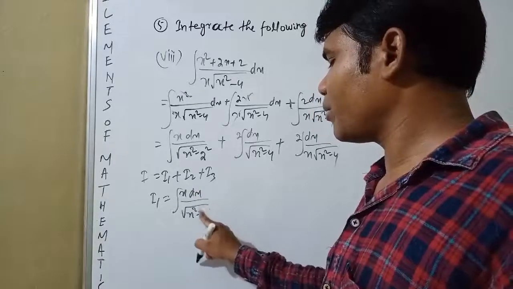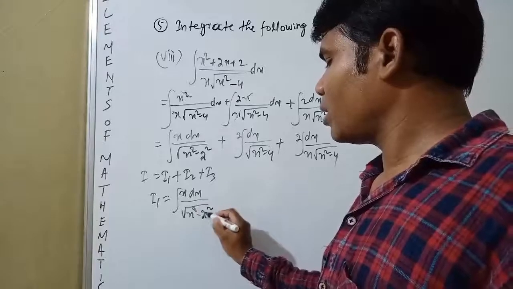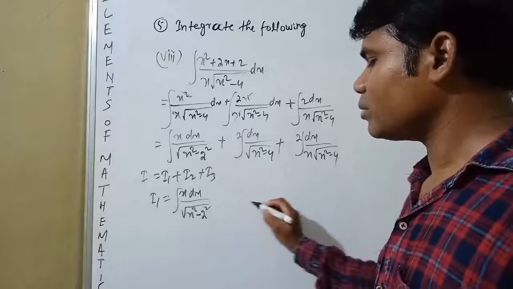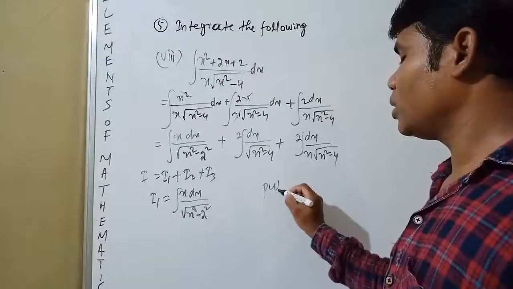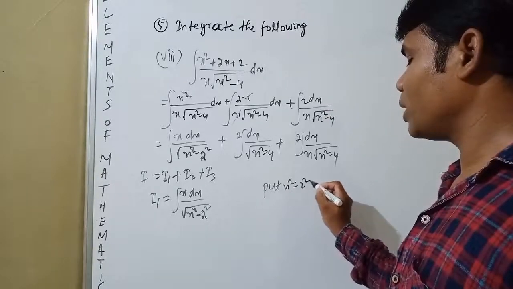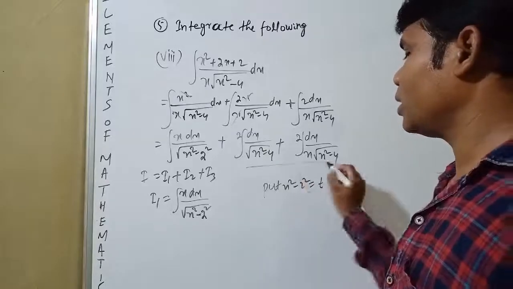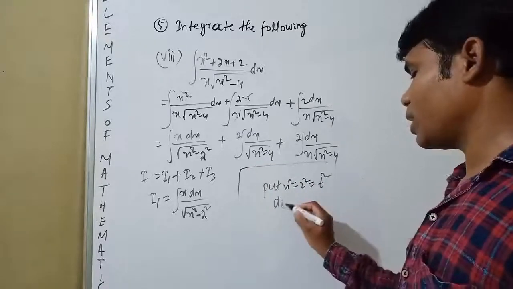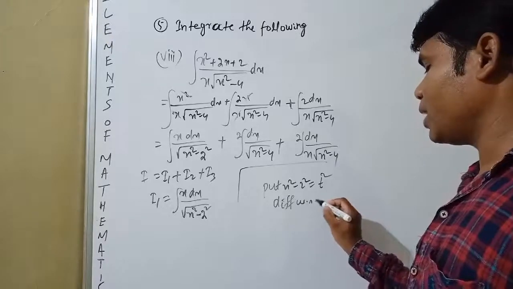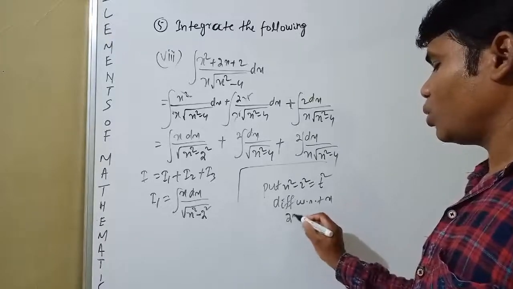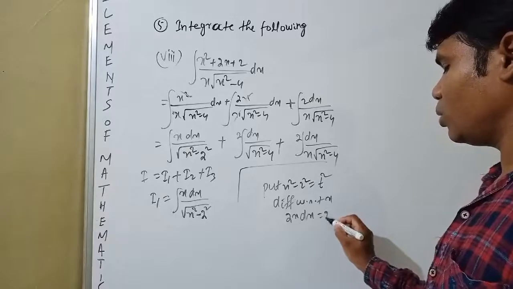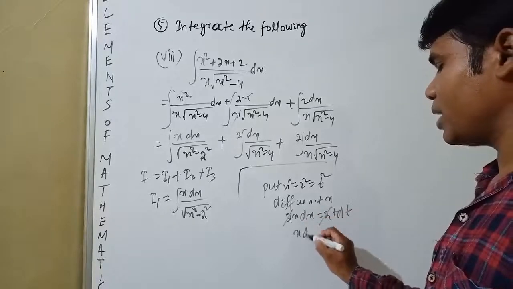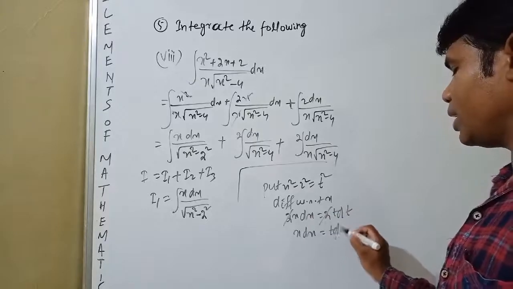Okay, now you see, put x square minus 2 square is equal to t square. Okay, differentiate with respect to x: 2x dx is equal to 2t dt. 2 will cancel out. x dx is equal to t dt.